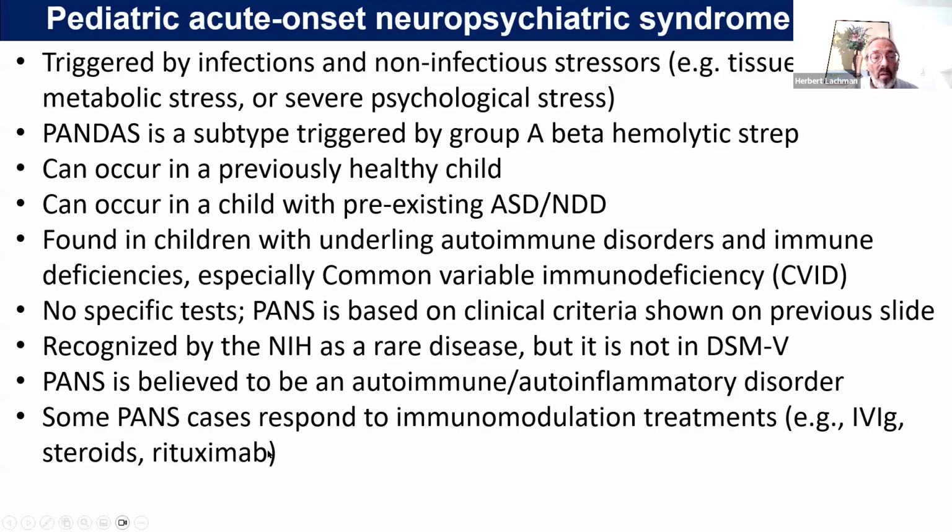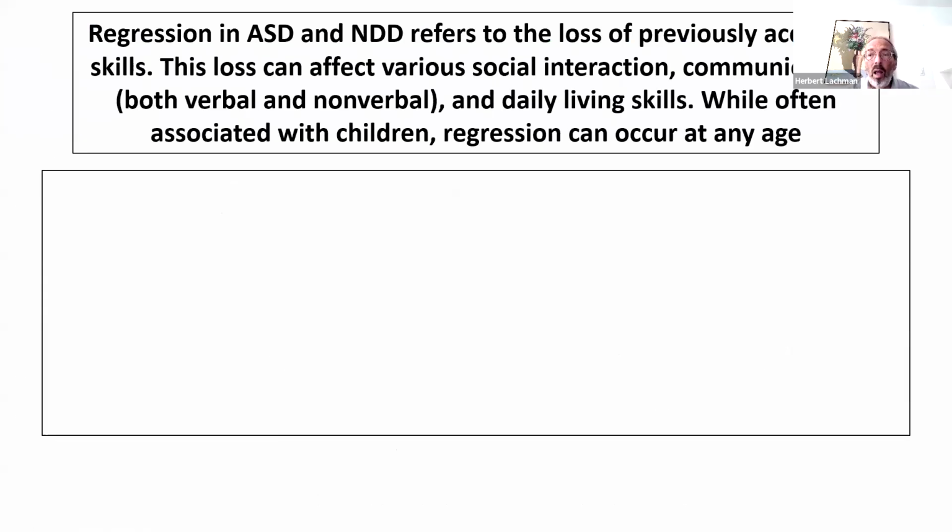They respond to steroids and the B-cell inhibitor rituximab. Not every kid responds, but enough respond to make the case for treatment in some cases. They also respond to antibiotics.